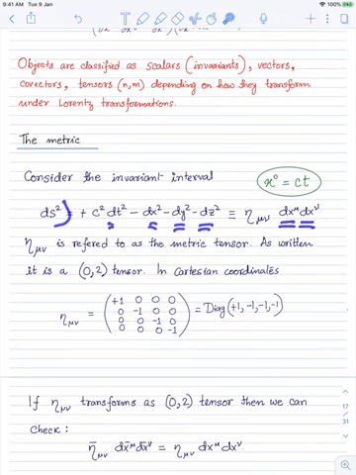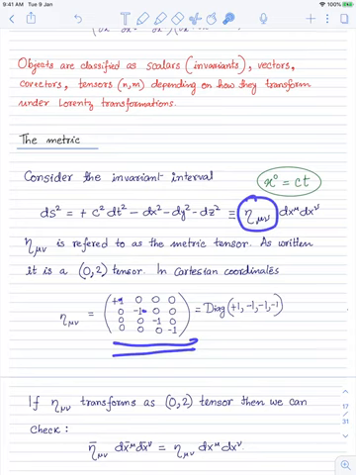So I can take the infinitesimal interval and write it in terms of the metric with indices mu nu. And this metric has the form, as you can see here: it's a diagonal matrix with plus one, minus, minus, minus, and so this is an object which transforms as a 0,2 tensor.